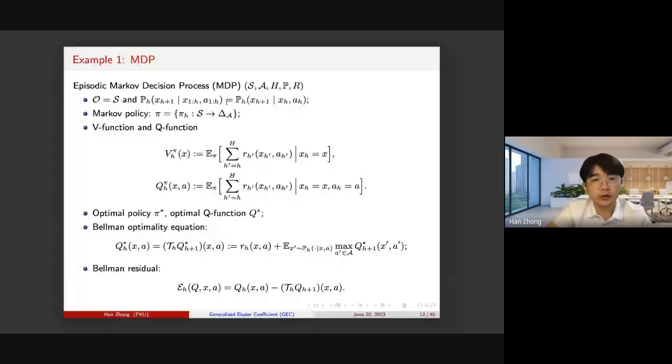In MDP, we only need to consider the Markov policy, which is a mapping from a state to a current action. Also, we can define the V function and the Q function. Here, the value function is the expected total reward conditioned on the current state, and the Q function is the expected total reward conditioned on the current state and action.